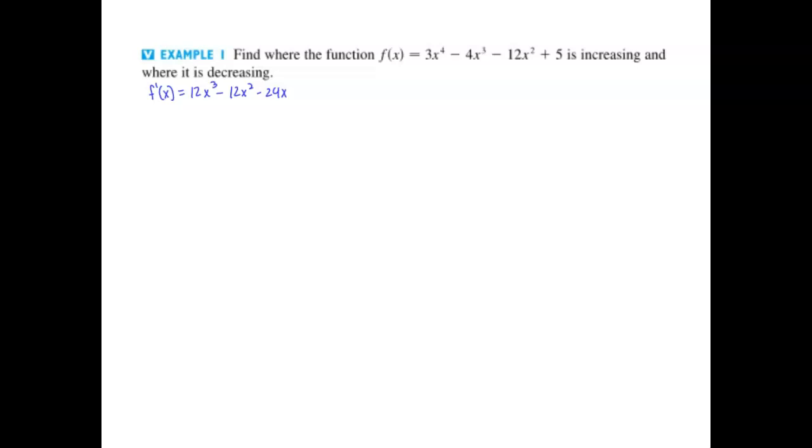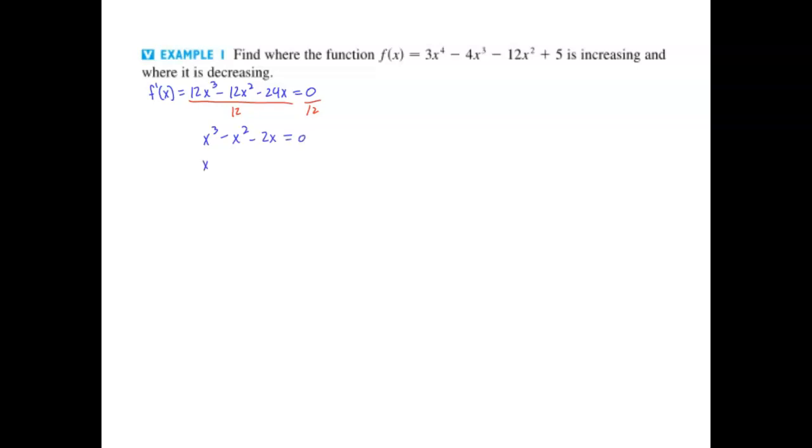Well, if I want to know where its derivative is positive or negative, let's first set it equal to 0. That's what separates positive numbers from negative numbers, right? So set it equal to 0, let's solve. I can divide 12 out from both sides. Get x cubed minus x squared minus 2x is 0.